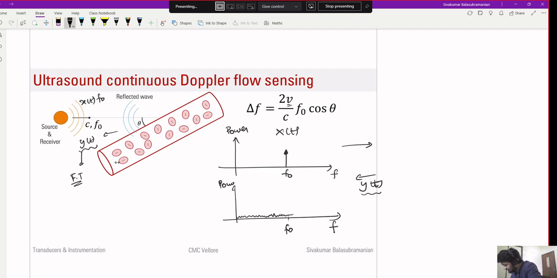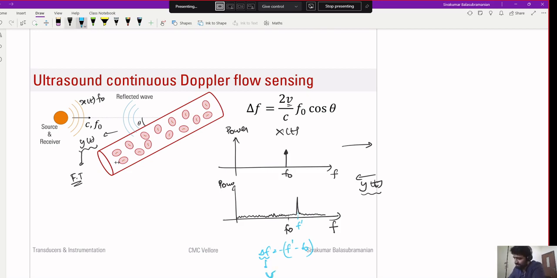So you might see something like this. And if you look at the peak, this will be f dash, and f dash minus f naught, or the other way around, will tell you something about the velocity.